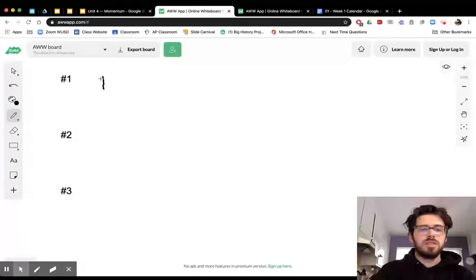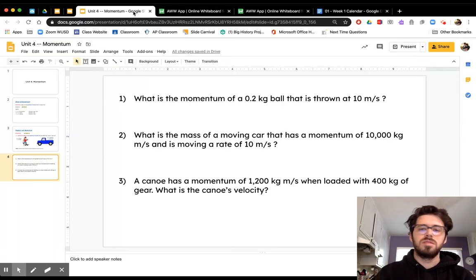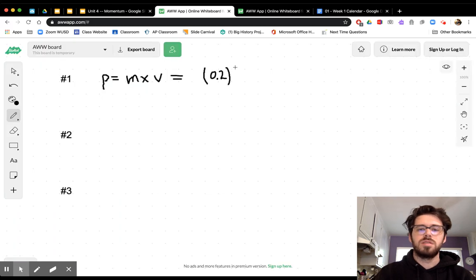So we'll start off by writing P is equal to M times V. And if we plug in our numbers, 0.2, for some reason the decimal didn't come. Okay, so 0.2, and it's going at 10 meters per second.